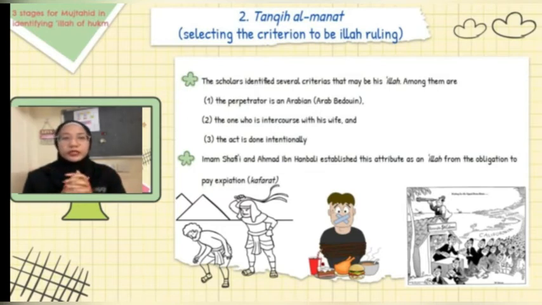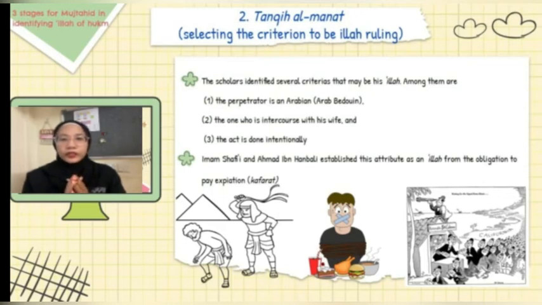Okay, from this incident, the scholars identified several criteria that may be illah. Among them, first, the perpetrator is an Arab Bedouin. Second, the one who has intercourse with his wife, and third, the act is done intentionally.